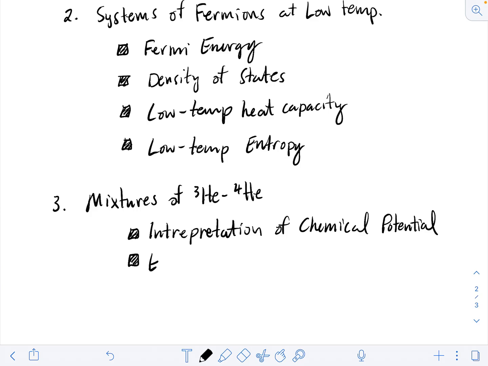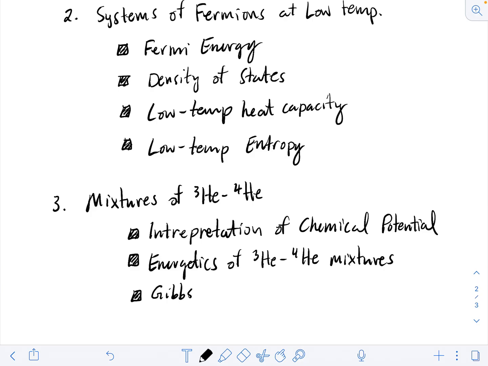We will examine the energetics of helium-3 and helium-4 mixtures. And we will relate the Gibbs free energy to chemical potential.